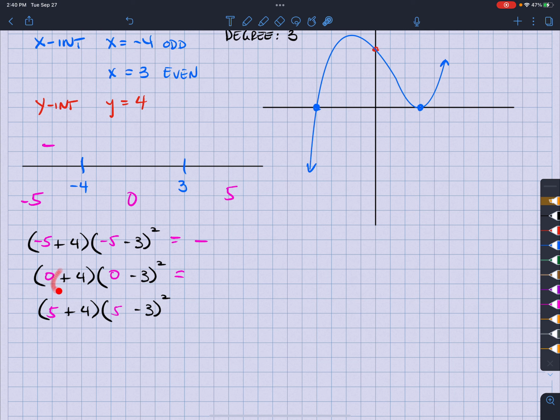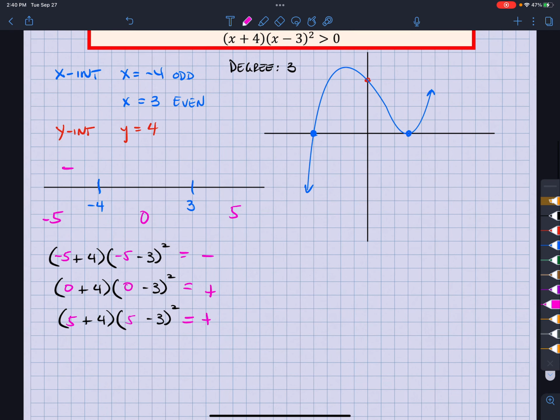It's going to be positive times positive, so this is going to be a positive. And here, this is positive, square is positive, this is positive, so that's going to be positive. Great, positive. So if you look at it, this is positive and this is positive. So that means, now, I sketched the graph.